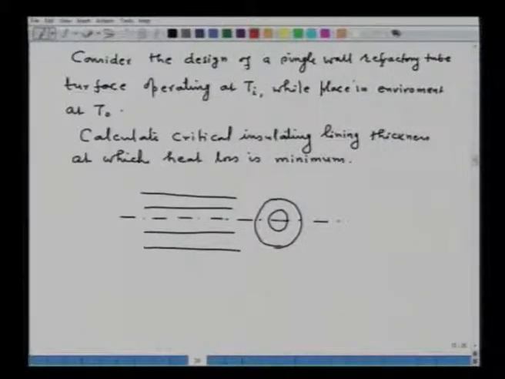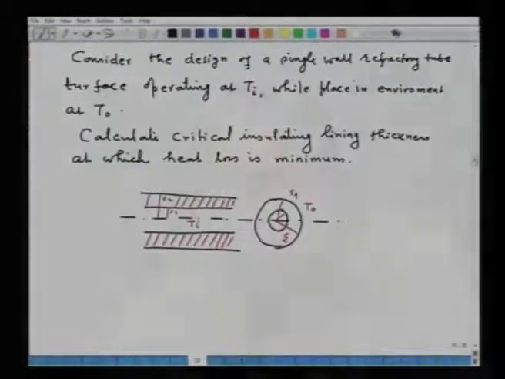So, we have, let us consider this diameter as R2, this is R1, this temperature is Ti, this is the same here, R1, this is R2, and this is the refractory lining. If we wish to represent, this temperature is T0, this is the environment temperature, not the temperature of the insulating environment interface.